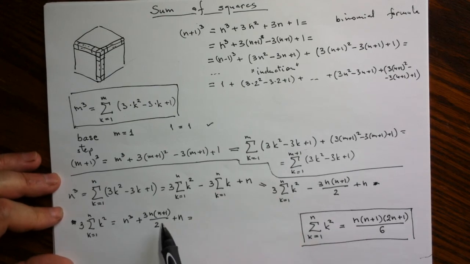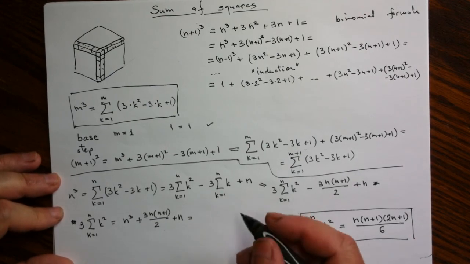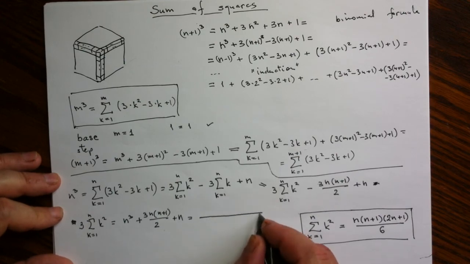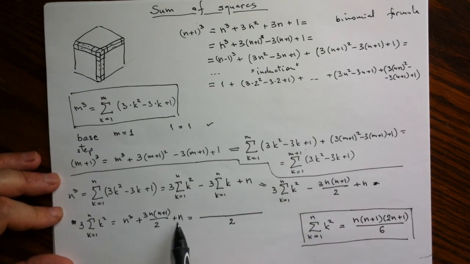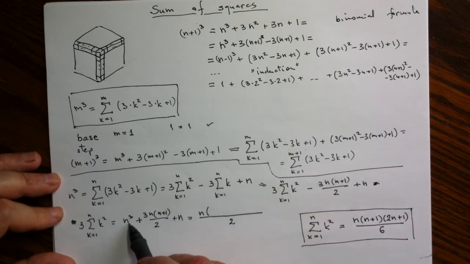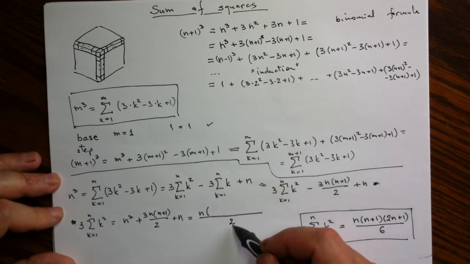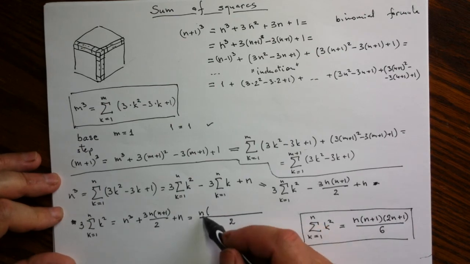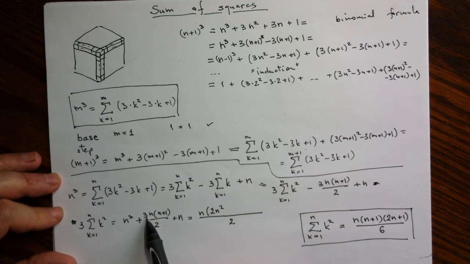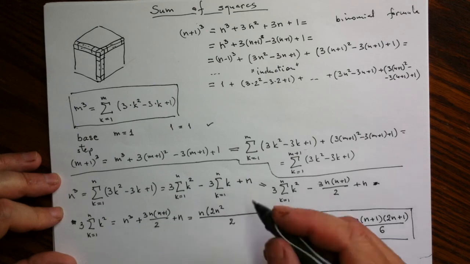And I want to write it as a product or a fraction, but in a multiplicative way, decomposed as much as possible. So I will make the common denominator, it's going to be 2 here, and then I will factor out n immediately because I can. And what I will be left with is, out of here I have n cubed, but I'm putting it under 2, so it will be twice n cubed, but I'm factoring n out, so it will be twice n squared. So here I already had this denominator, and I had 3n squared plus 3n.